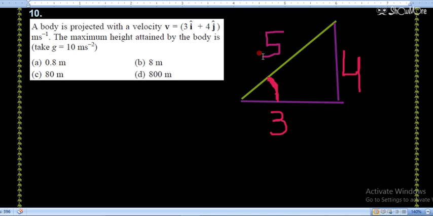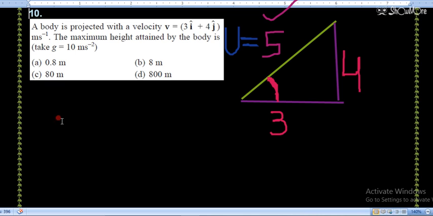So here we have the resultant velocity. This is the initial velocity. With 3 and 4, the resultant will be 5. So now this is the initial velocity, u will be equal to 5 meter per second.